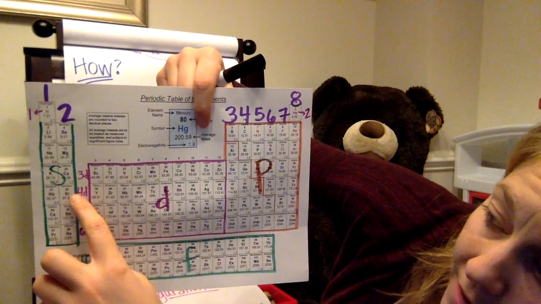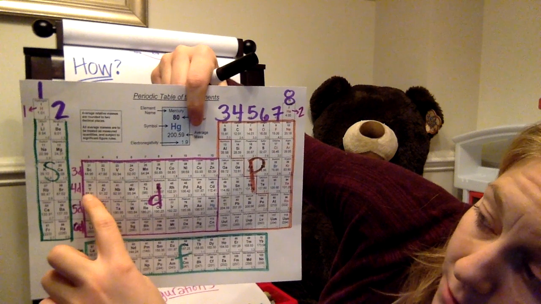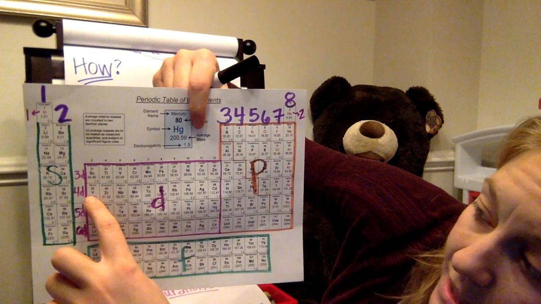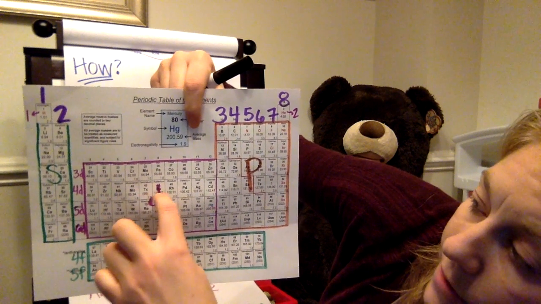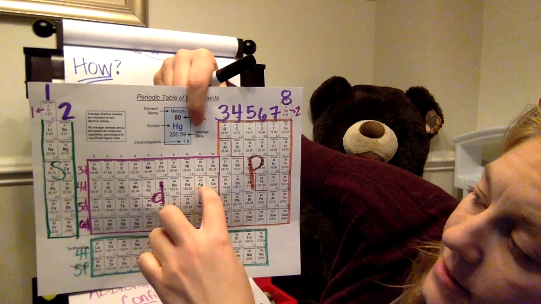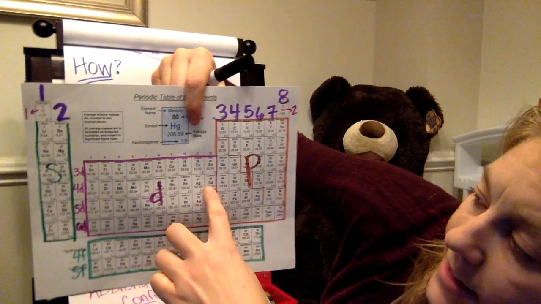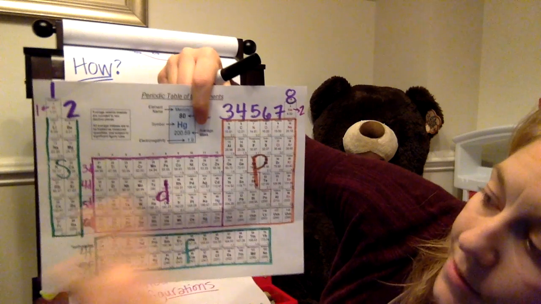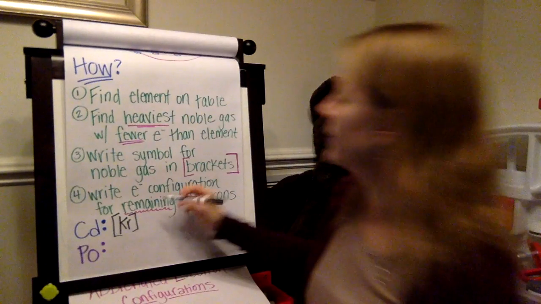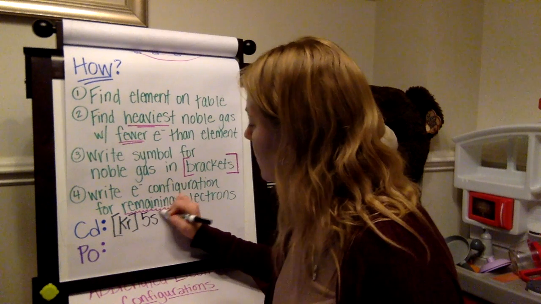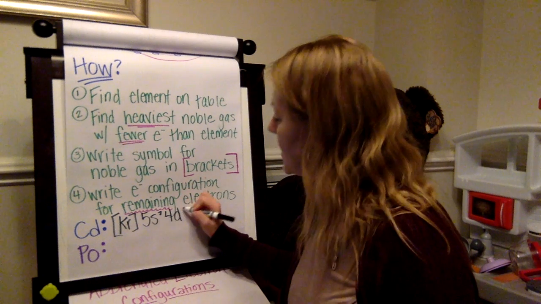So even though this is 5s, my D block drops down to 4. So this is 4d: 1, 2, 3, 4, 5, 6, 7, 8, 9, 10. That takes me to cadmium. So it's going to be 5s2, 4d10.